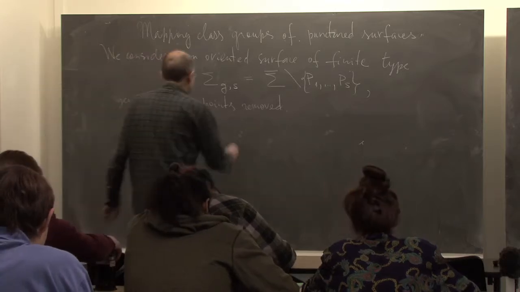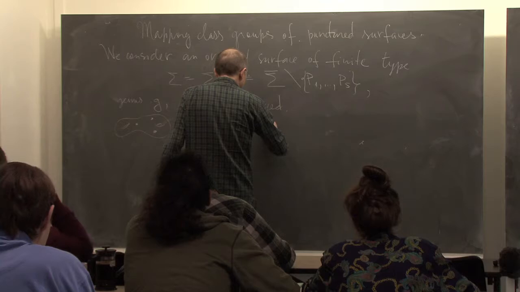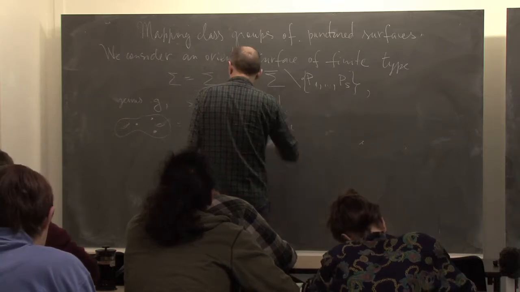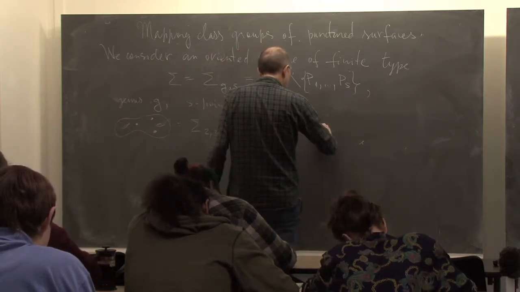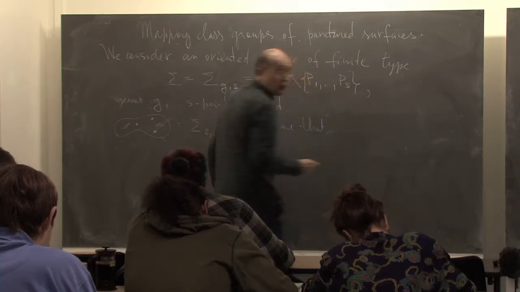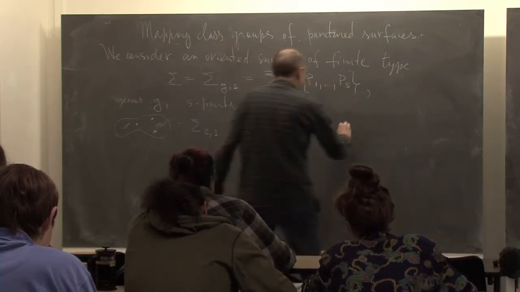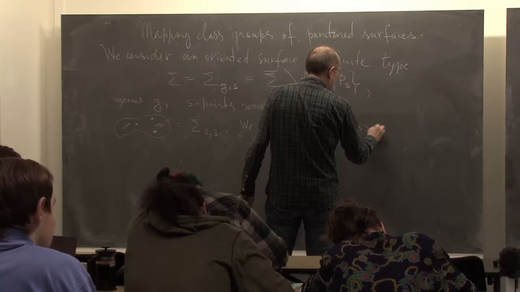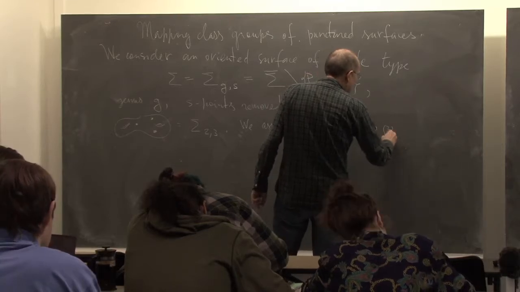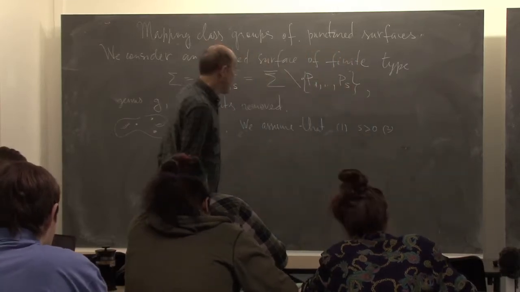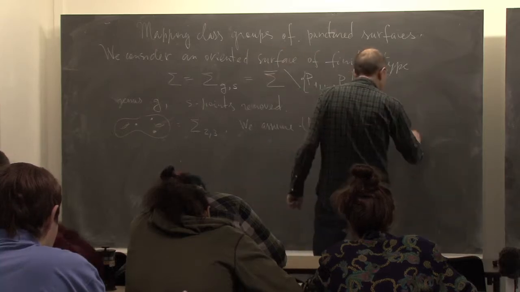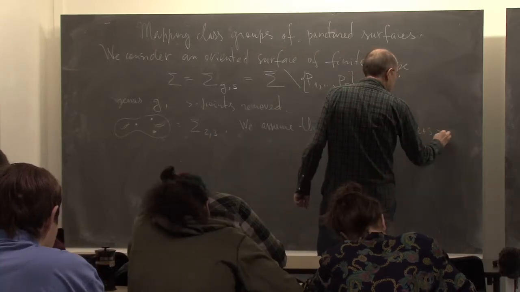And we assume that there is at least one puncture, and second, that its Euler characteristic is negative, which means that 2g minus 2 plus s is positive.